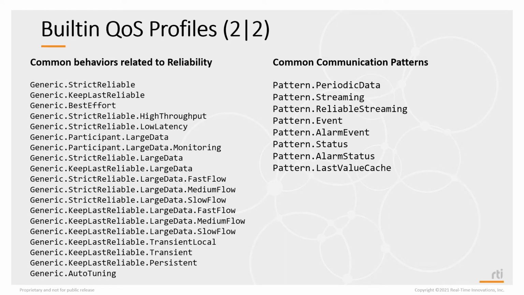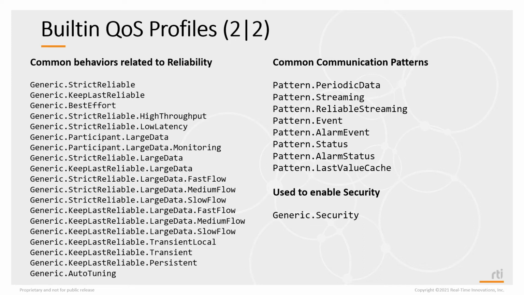This set of pattern-based QoS profiles, again, can be used as the base class for QoS profiles that you create yourself to address your own requirements, or they could also just be used as education. So you look at the definition of these profiles, and based on what QoS policies these profiles actually set, understand which ones are most relevant for that particular type of communication pattern.